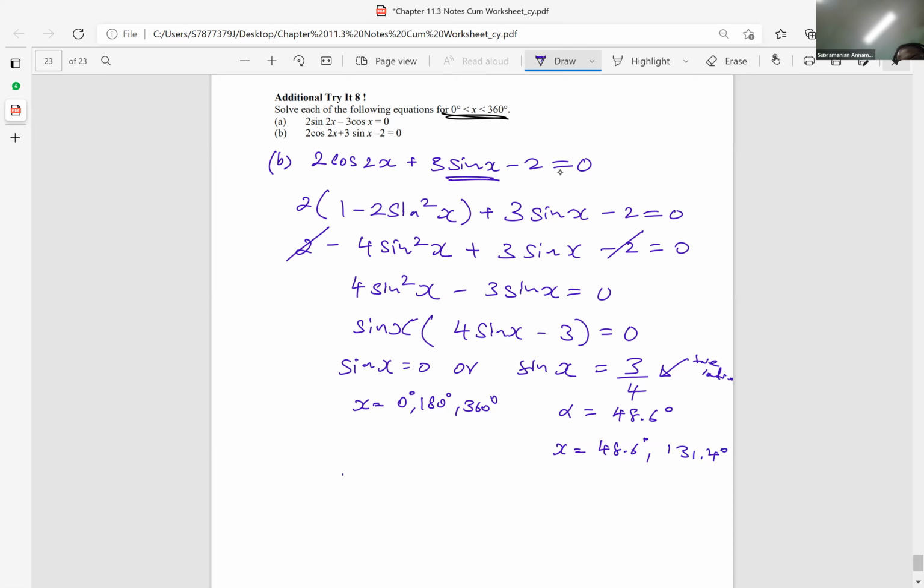So hence x is equal to 0, 48.6, 131.4 and 180 and 360. Okay, and that's it. So this sums up our 11.4, and now we can begin with 11.5, which is your R formula.